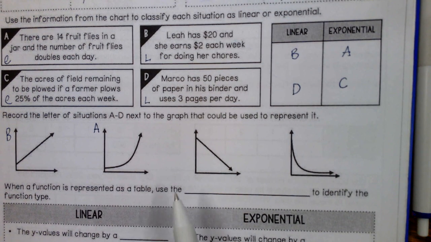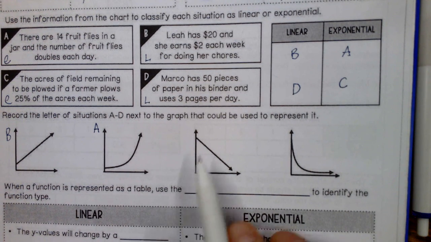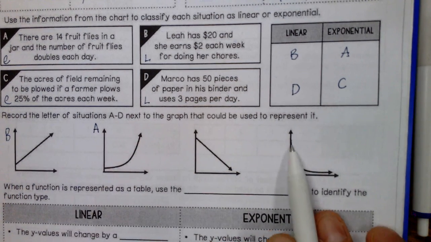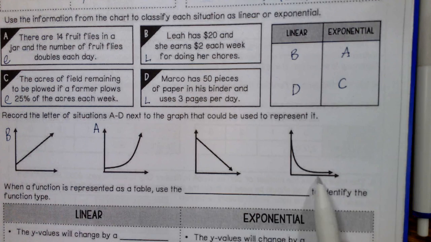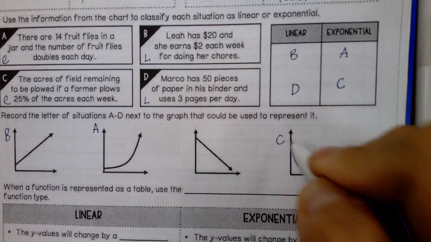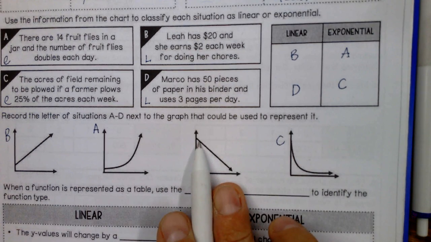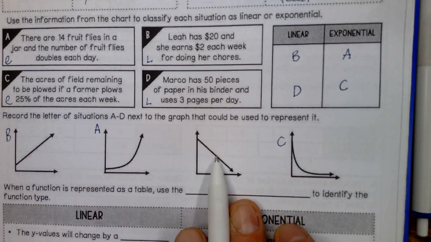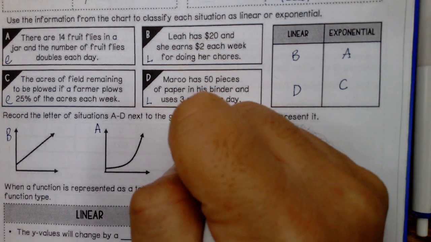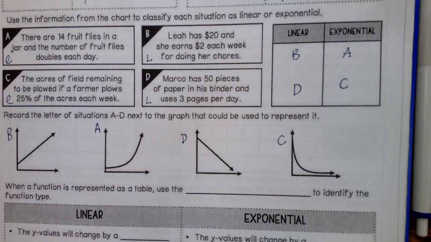So let's just make sure it makes sense. The field remained, okay, so this one's going down, right? 25% less than the time before. So this would be C. And this one, you start with 50 pieces, and then you go down 3 sheets each time, so that would be D.